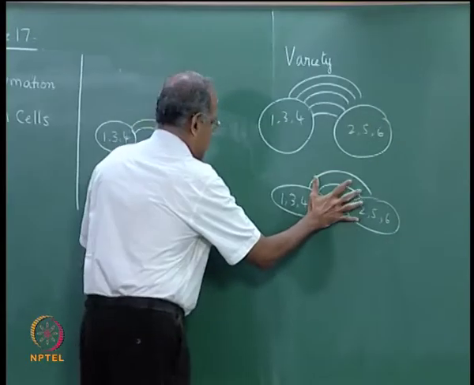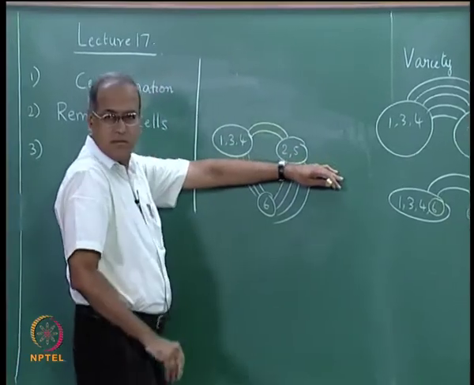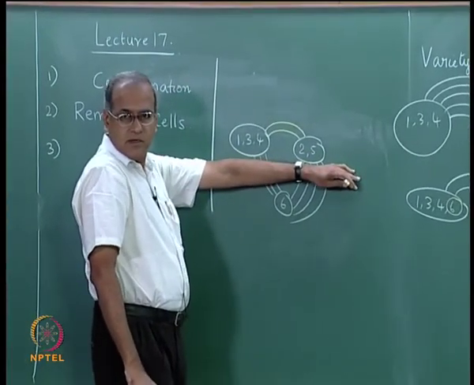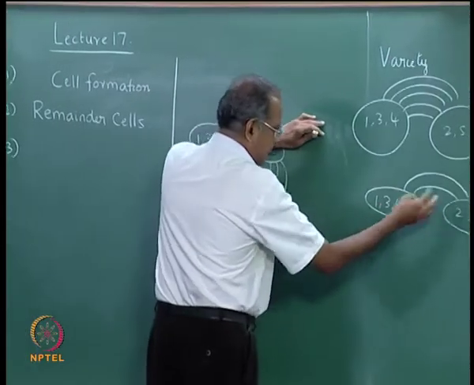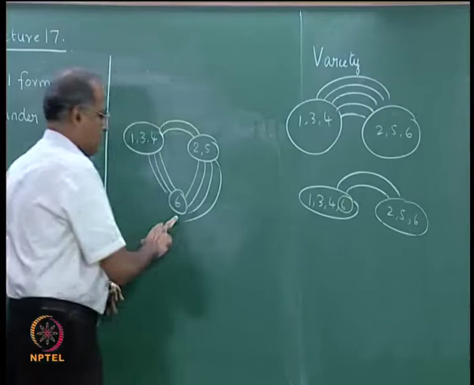In a way this solution is the same as this solution if I leave this portion. So instead of buying an extra 6 and putting it here, I am just pulling this 6 out and doing this.